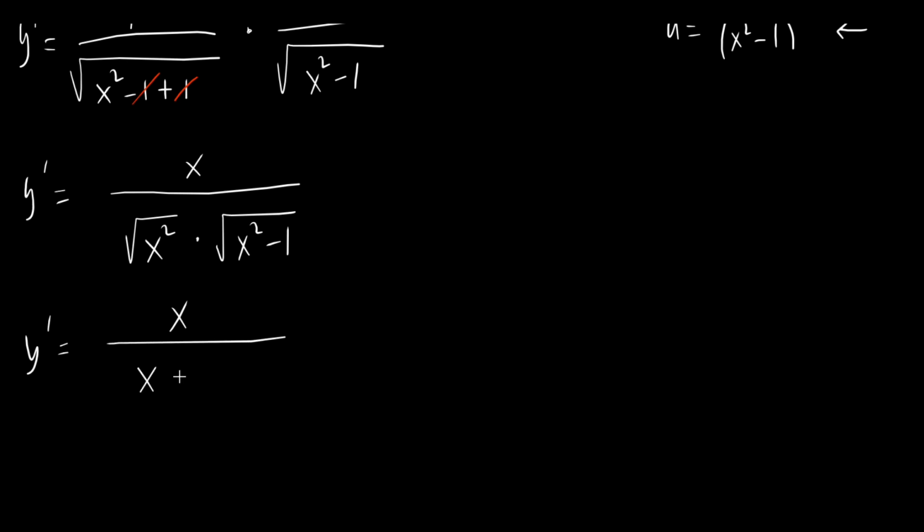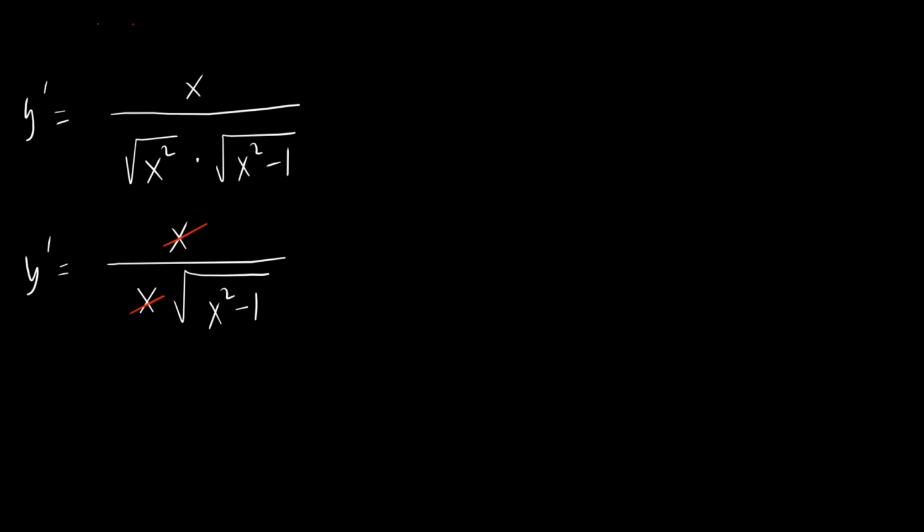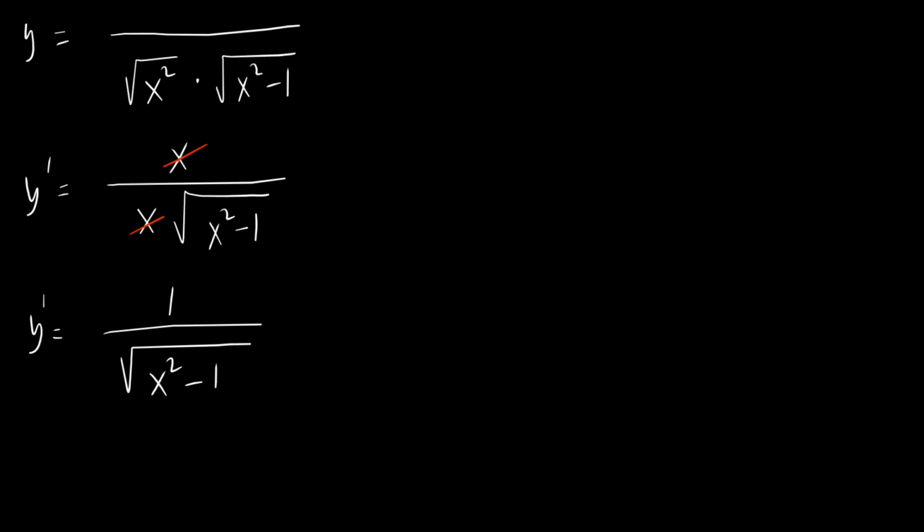It is just equal to x, multiplied by square root of x squared minus 1. We'll cancel this 1 x. The remaining will be y prime is equal to 1 all over square root of x squared minus 1. This will now be our final answer.